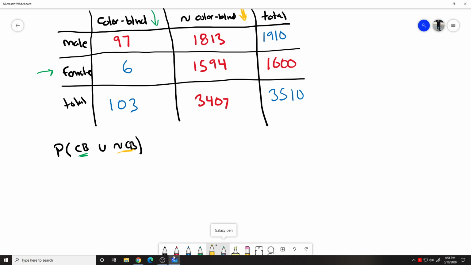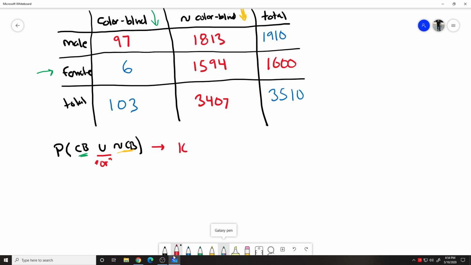Well, if we pick a person at random, let's not get tripped up here. It says the word or. So can a person be colorblind or not colorblind? Yes, that's possible. They can be one or the other, but this is kind of a stupid question, isn't it? The reason is that we've included every column in the chart.